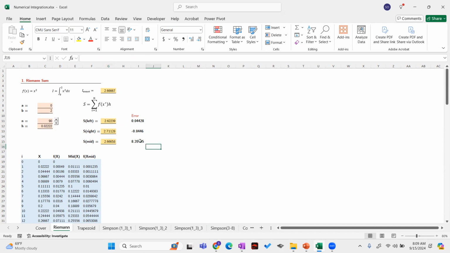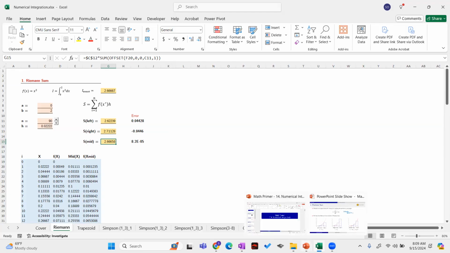Okay, so given a choice between these 3 schemes, which scheme will you use for numerical integration to be on the safe side? Obviously, middle sum, right? Okay, is there a theoretical result that tells us the errors in these algorithms?